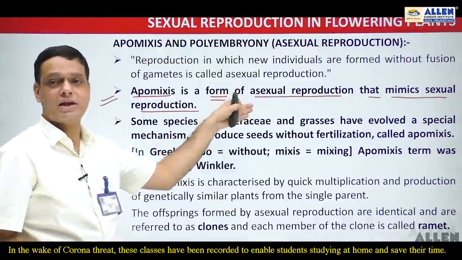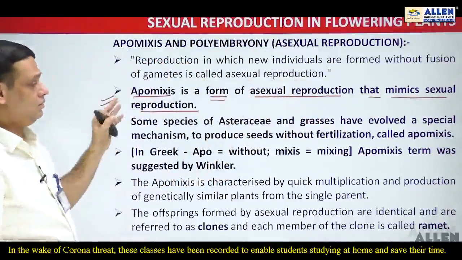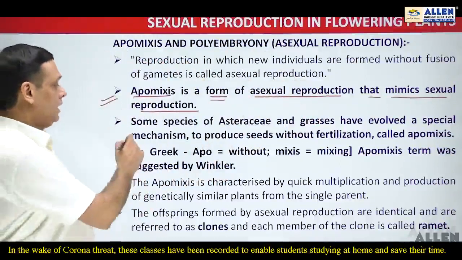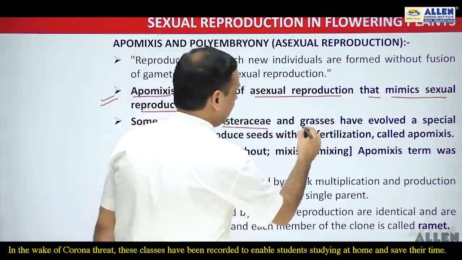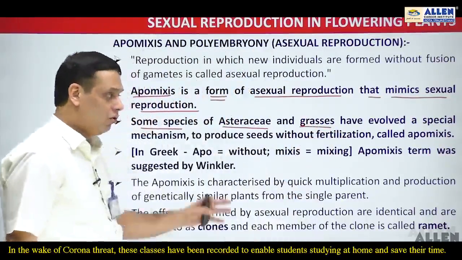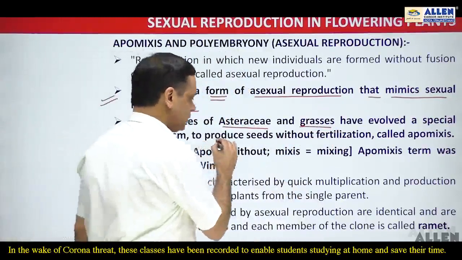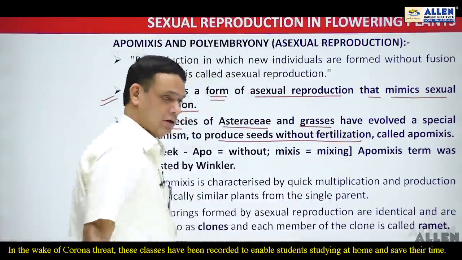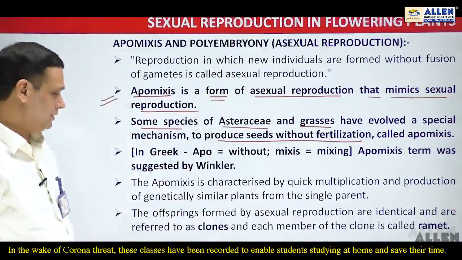Some species such as Asteraceae and grasses have evolved special mechanisms to produce seeds without fertilization, and that process is called apomixis.